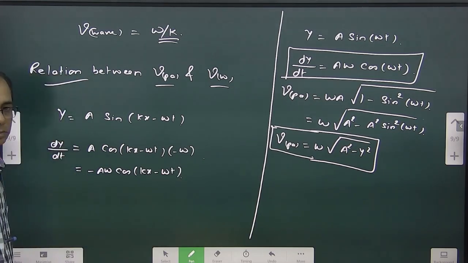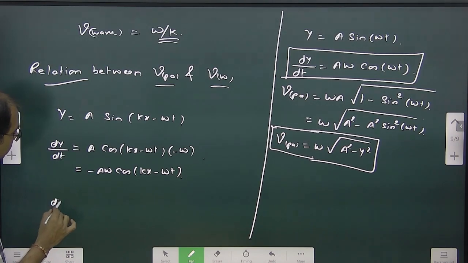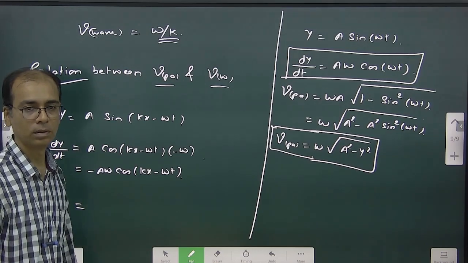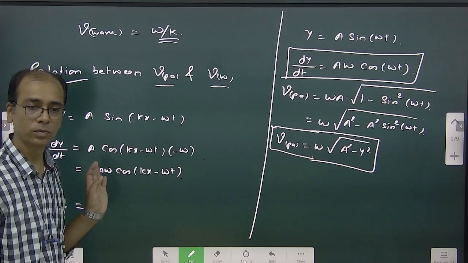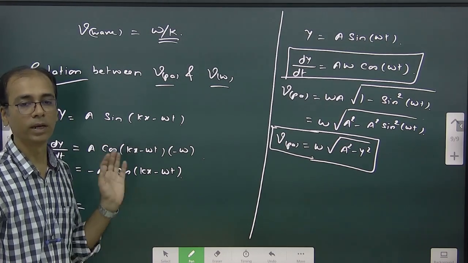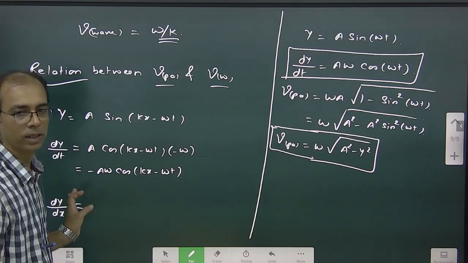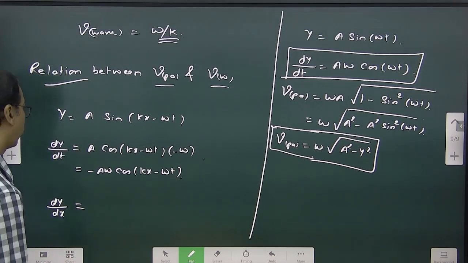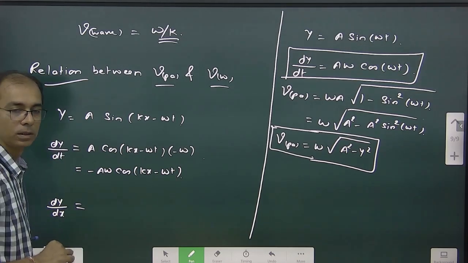Okay, fine. Now differentiate with respect to x also. Why? Because x has to vary, as we have to talk about the velocity of the wave. So we have to make x vary, and when x varies, the particle's position also varies. So y is also varying as x is varying. When you differentiate with respect to x, take t constant.